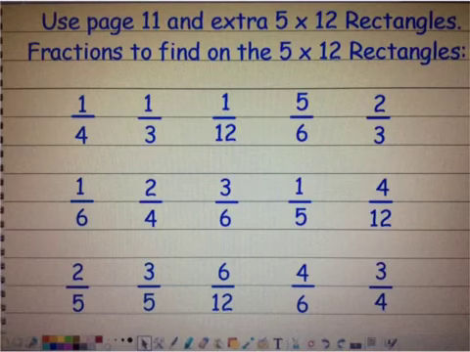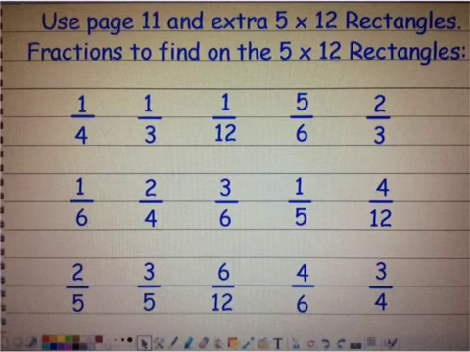Alright, so we're finally at your assignment. Today you're going to use page 11 to start with, and you will need extra 5 by 12 rectangle pages, which I have for you. And these are the fractions I'd like you to find on your 5 by 12 rectangles. Please make sure that you put these in your math binder as a resource for you, the way that the 4 by 6 rectangles were used later when we were doing problems about 24.